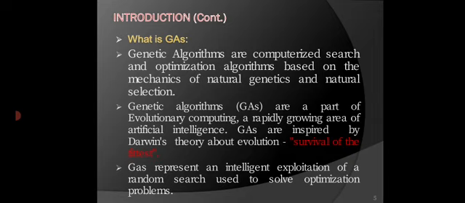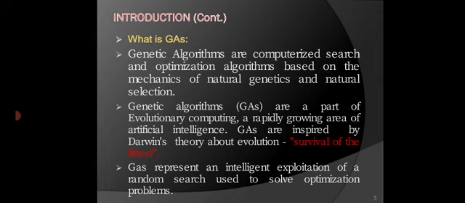Genetic algorithms are a part of evolutionary computing, a rapidly growing area of artificial intelligence. GA are inspired by Darwin's theory about evolution, and it is survival of the fittest. GAs represent an intelligent exploitation of a random search used to solve optimization problems.